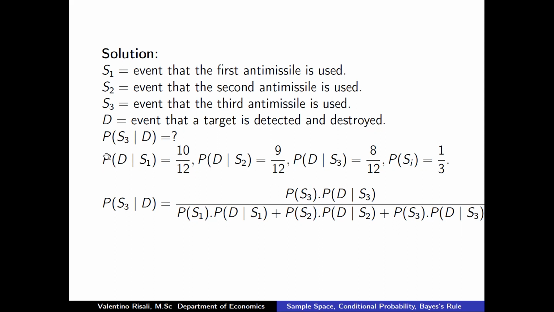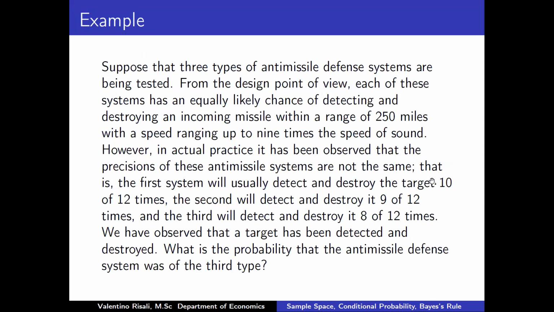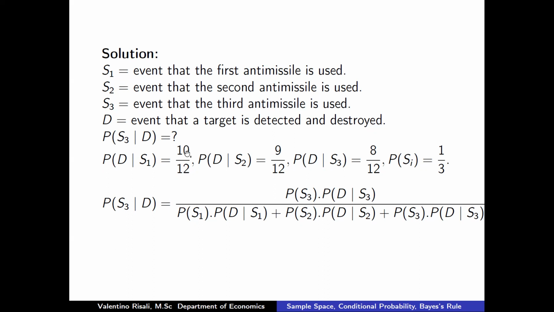For the first one, the probability of D given S1 means we consider the first anti-missile system and find the probability of destroying the target. From the data, the probability is 10/12, and similarly for the second and third anti-missile systems, that is 9/12 and 8/12.